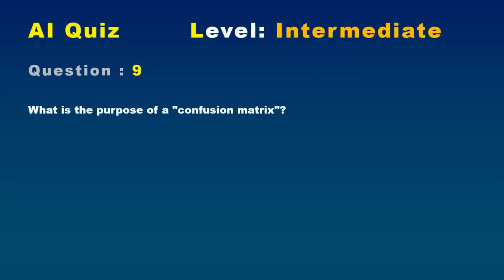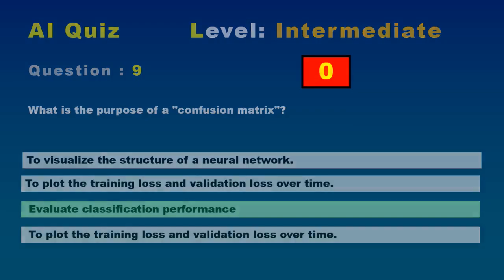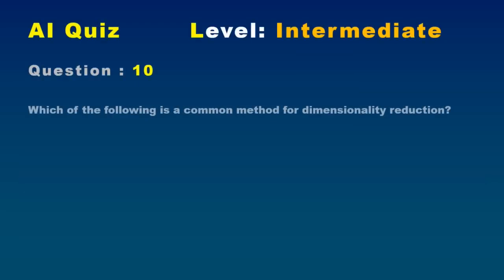What is the purpose of a confusion matrix? Which is a common dimensionality reduction method?